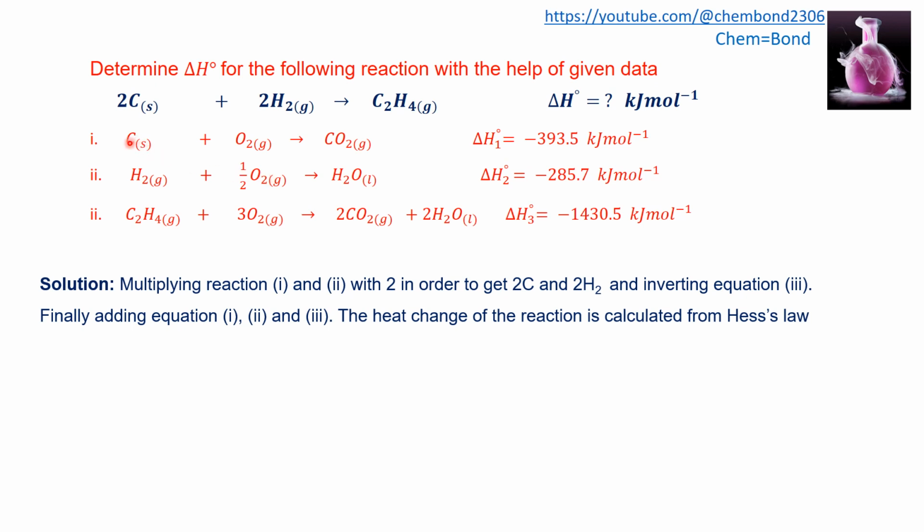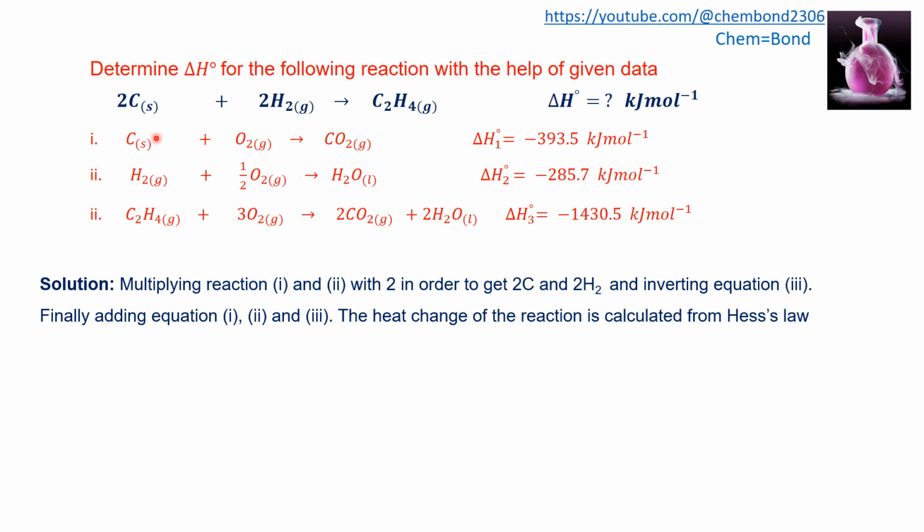This will be converted to 2, because in the desired reaction 2 moles are given. So we will multiply reaction 1 and reaction 2, including the enthalpy change, with 2, and invert equation 3.